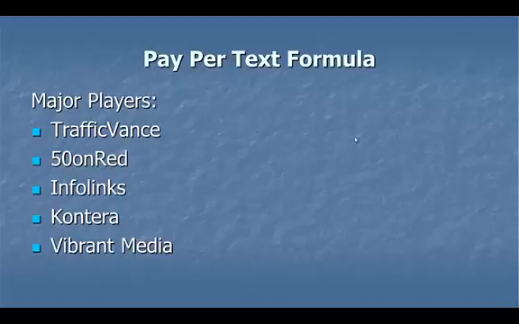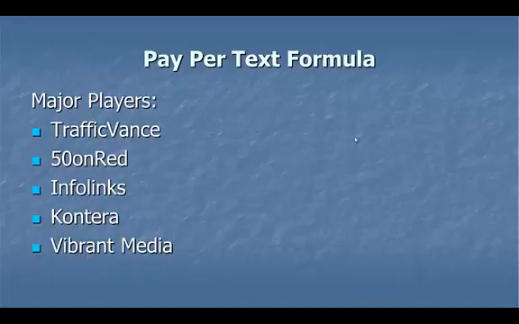One of the newcomers is 50 on Red. They have a huge amount of inventory in the U.S. and outside the U.S. There's also infolinks.com, which is probably the best place to get started because their minimum bids are so low.